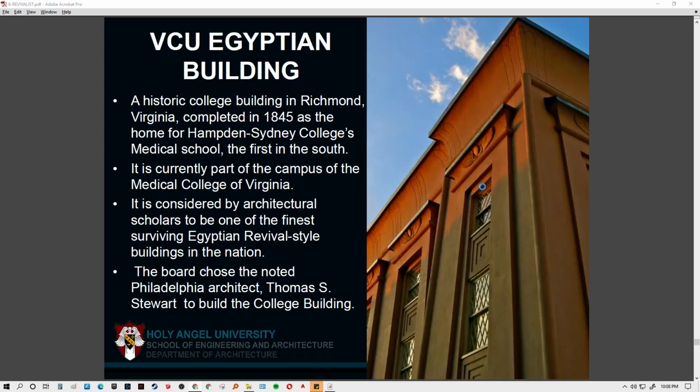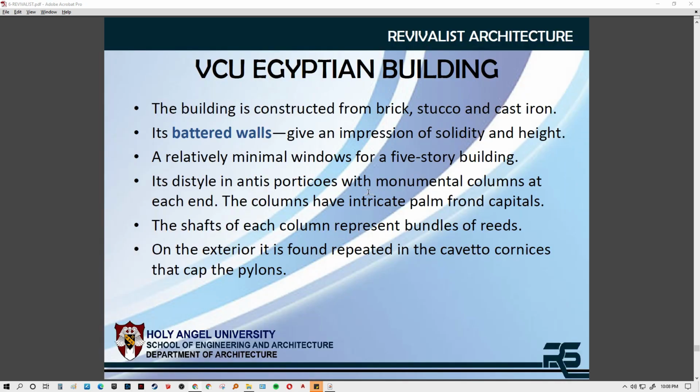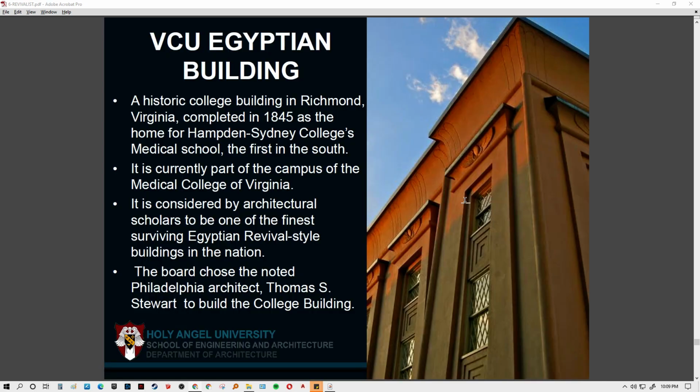What gave it the Egyptian look is the tapering wall, the massive motif of design and patterns. Then the battered walls, that's what we call them. Then the stucco and cast iron materials were added in order for this structure to have large windows.